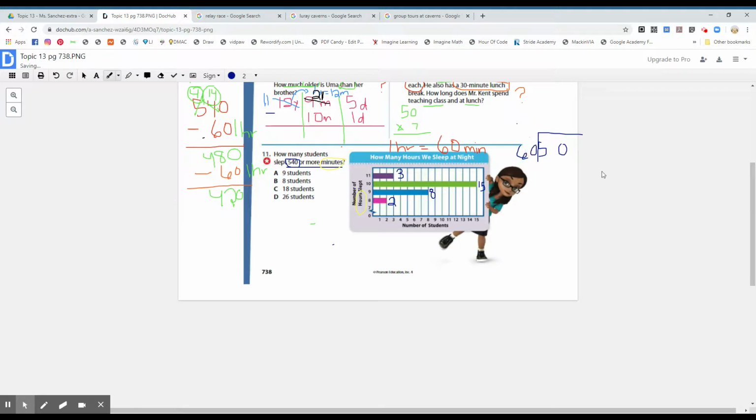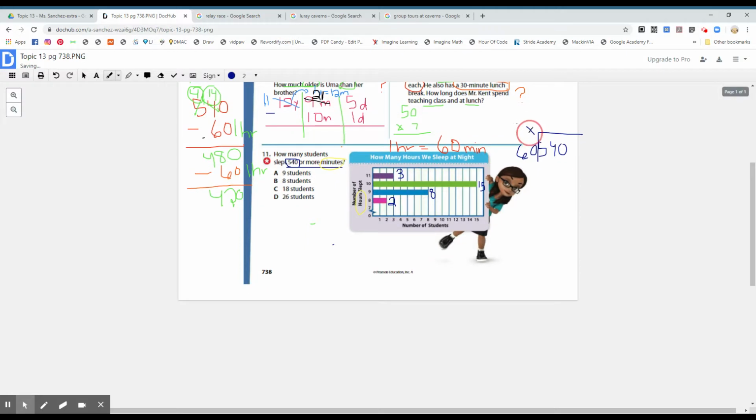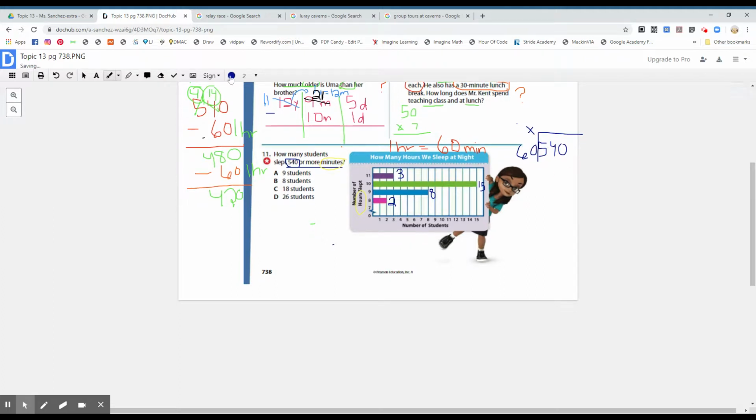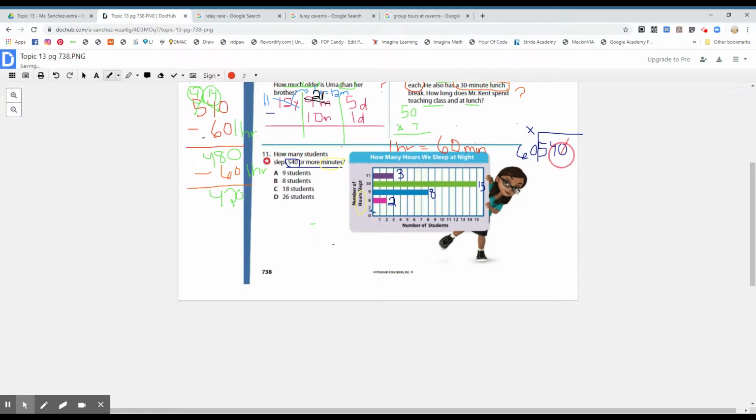Okay, yes, we're dividing, boys and girls. You don't have to do tops and bottoms for a 60, boys and girls. We're going to do our strategy for popping over the zeros. I'm going to get rid of you, and I'm going to get rid of you.